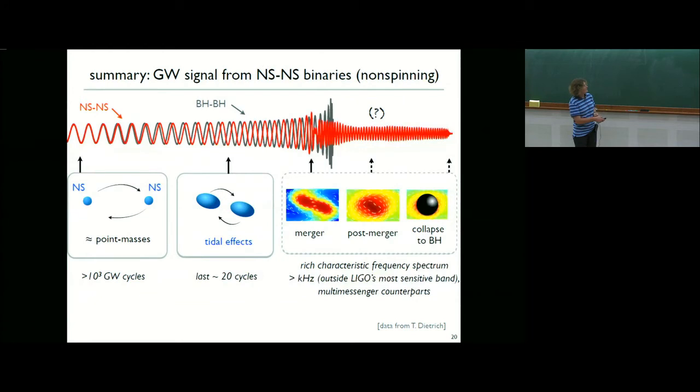This is just one example, but the signals could look very different depending on equation of state or parameters. So this is where it gets really interesting, but unfortunately that's the region that's kind of outside of LIGO's most sensitive band. But for third generation detectors, this is a key target.